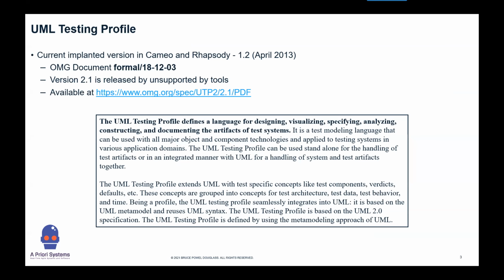But fine. It is a standard way of using UML or SysML to specify test work products, test components, capture test information, and present such information. And here's a link off if you want to go read the specification. Here's a link off to that as well.